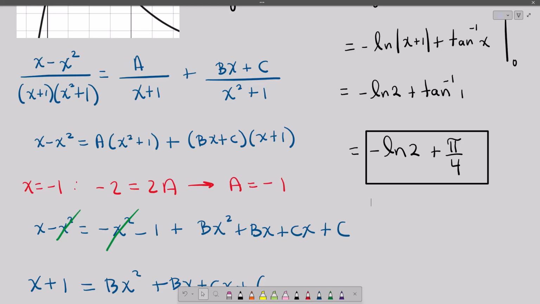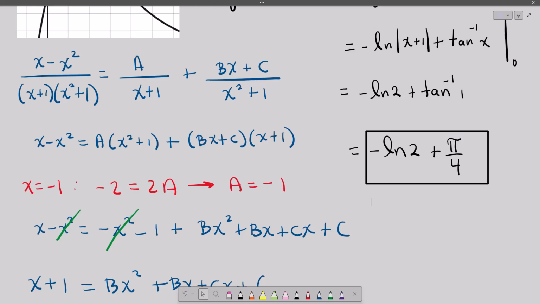Pi over 4 is about 3/4. Natural log of 2 is something like 0.7 or 0.8. So it will be positive. Natural log of 2 is less than 1. Oh, yeah. Somebody type in, what is natural log of 2? 0.693.